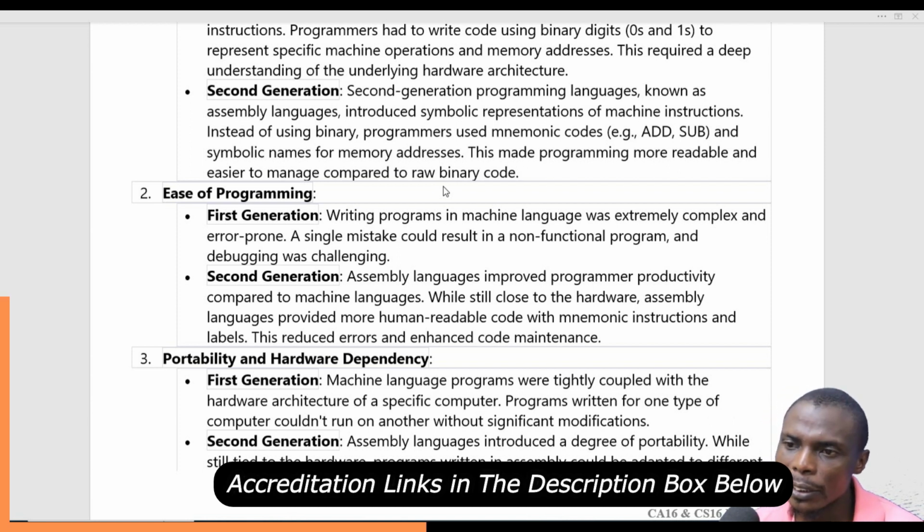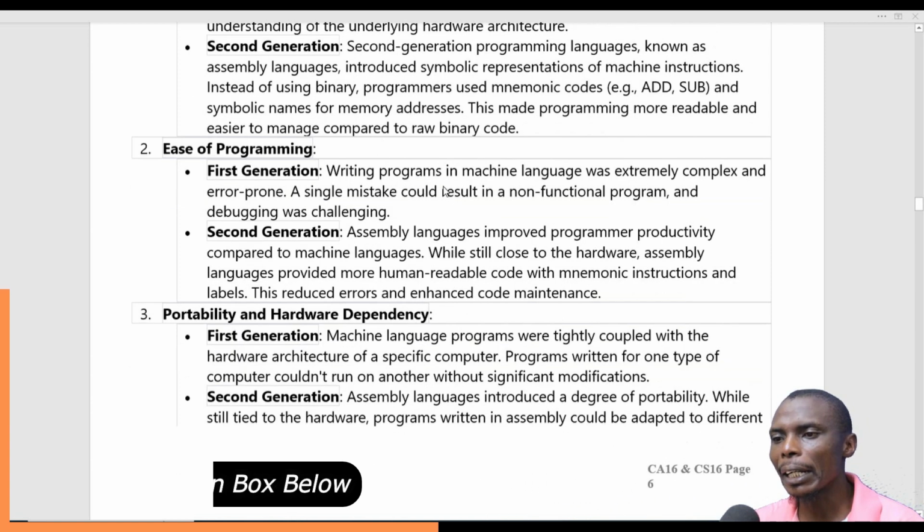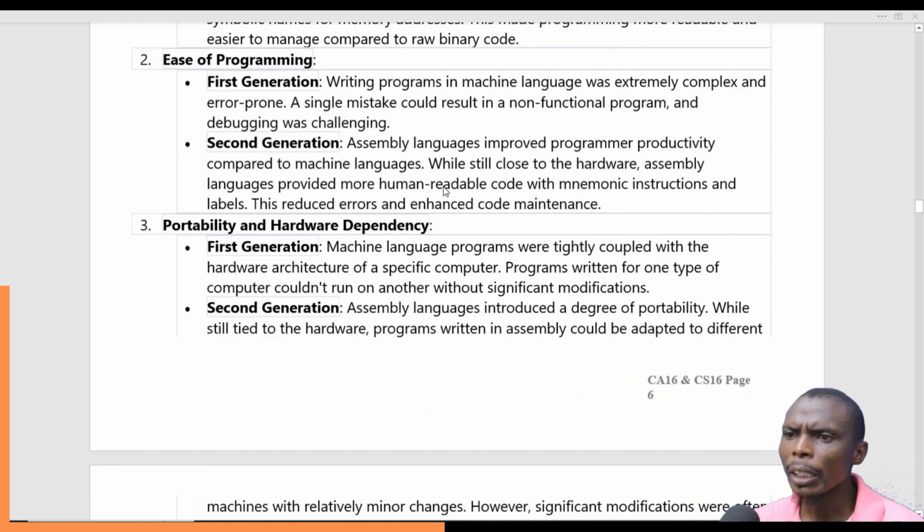So though it was still close to hardware, this assembly language was at least human readable, because we said it uses mnemonic instructions. And also, according now to portability and hardware dependency, the first generation computer, or the machine language program, was tightly coupled with the hardware architecture, as we just saw. So a program written for one type of computer could not run on another computer. Why?